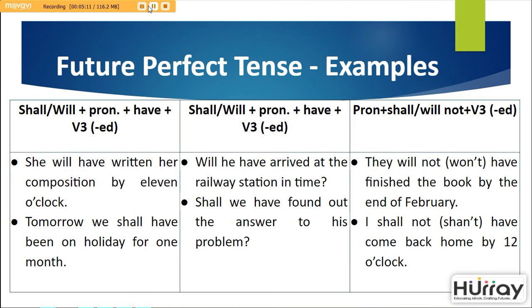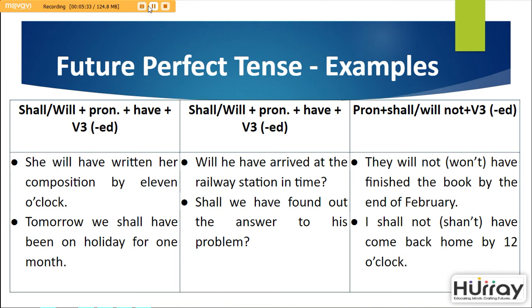Written is the verb. Her is the pronoun. Composition by 11 o'clock is the rest of the sentence. Similarly, you have, tomorrow we shall have been on a holiday for a month.